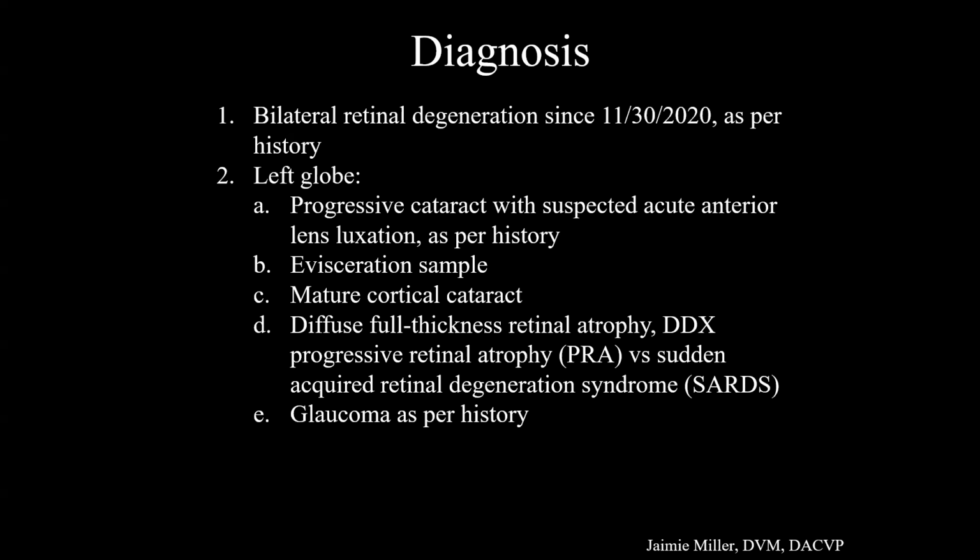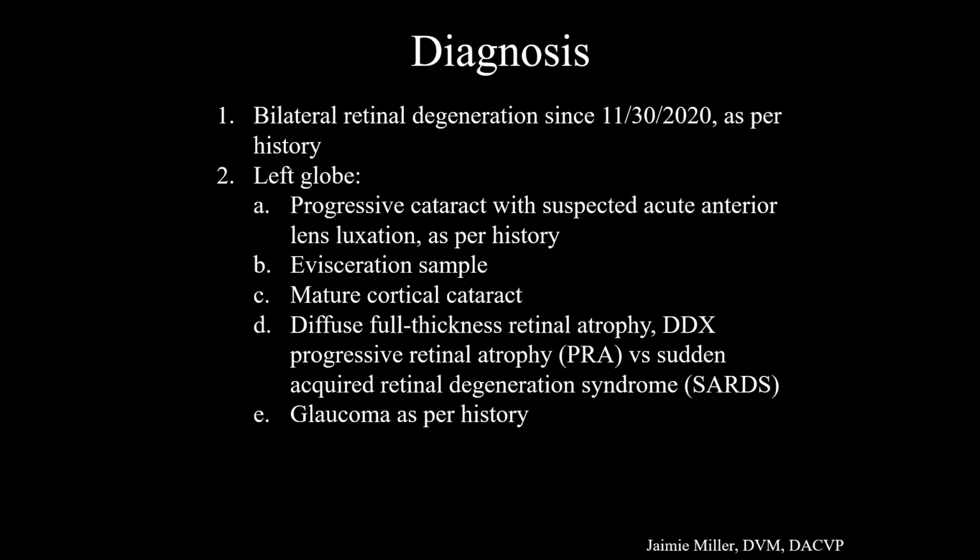I think SARS in this case might be on the DDX just because of the morphology of it. We're not necessarily taking into account the clinical presentation. Whenever we have an outer retinal atrophy, we cannot morphologically or histologically differentiate between SARS, PRA, or other outer retinal atrophies for that matter.